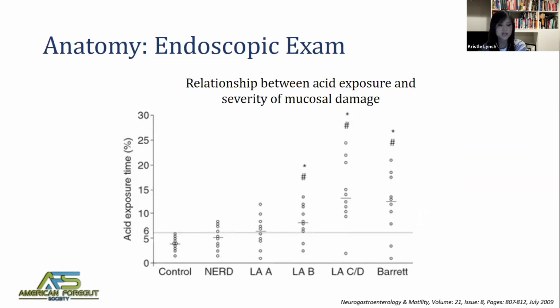On the y-axis here, we have the total esophageal acid exposure time on pH testing, and the blue dotted line is where they hit 6%. So above 6% is typically considered abnormal. We'll touch on that in a little bit, and I think Prakash will talk about testing as well. But you can see I've highlighted that patients with grade C and D esophagitis largely had abnormal esophageal acid exposure times, as well as Barrett's esophagus.